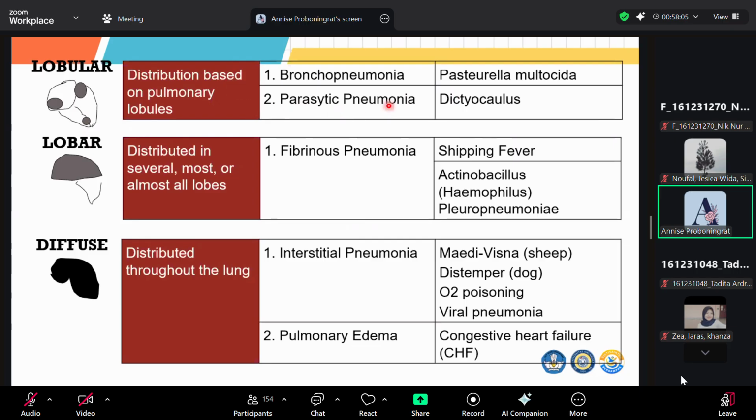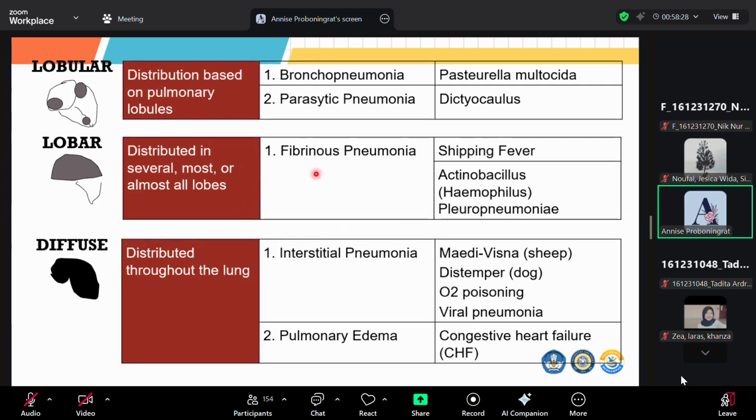And this lesion usually has lobular distribution. And then lobar distribution of pneumonia is distributed in most or almost all of the lung lobes.